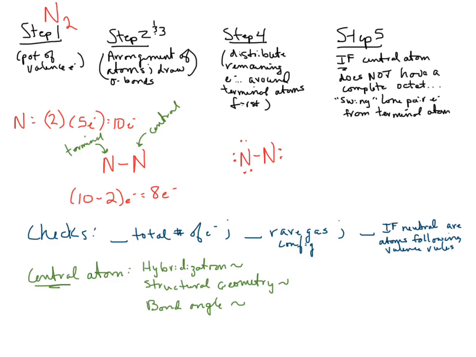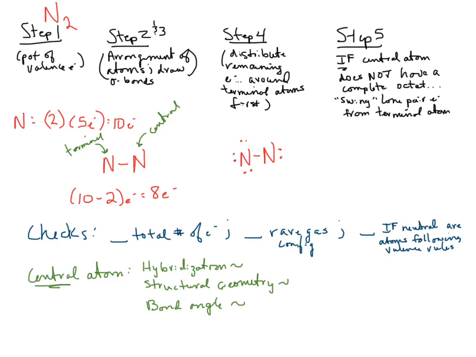So my preliminary Lewis structure looks like this. On the left nitrogen, I have 3 pairs of lone pair electrons, sigma bond, and then on the right nitrogen, I have 1 pair of lone pair electrons. So I did my budget.